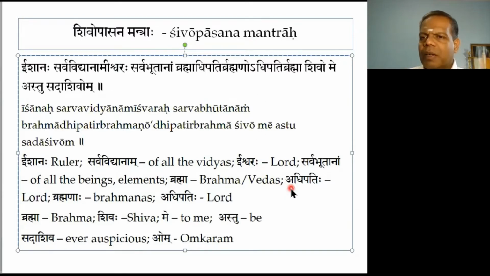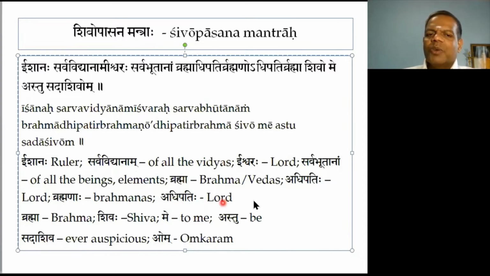Vedas are also called Brahma. There are many meanings for the word Brahma. Brahma is that which expands. So in this case, the commentators have said the first Brahma relates to the Vedas. The sounds which come, which illumine everyone, are called Brahma. Because Vidya we are speaking about.